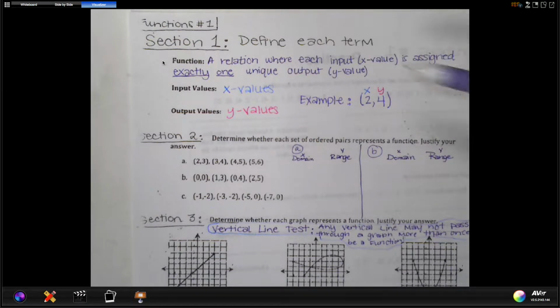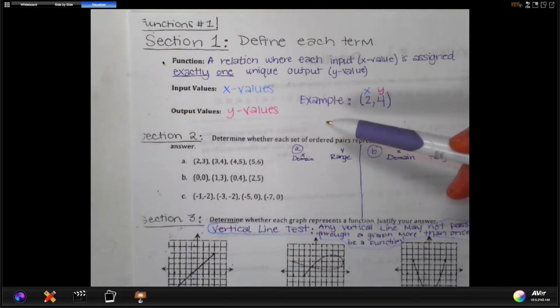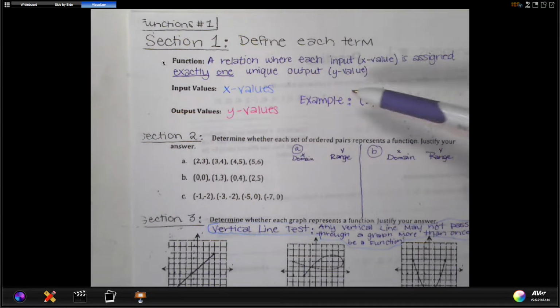So you might want to pause the video here so that you can write down the definitions that are important for our lesson today. Those definitions are function, input values, and output values. Let me remind you that a function is a relation where each input value, or x value, is assigned exactly one unique output, or y value.